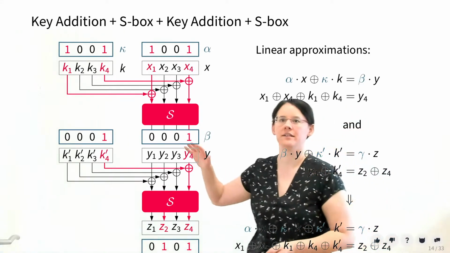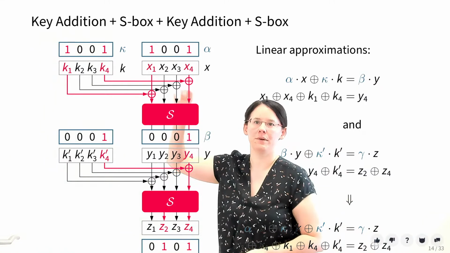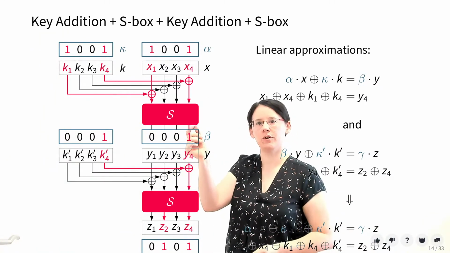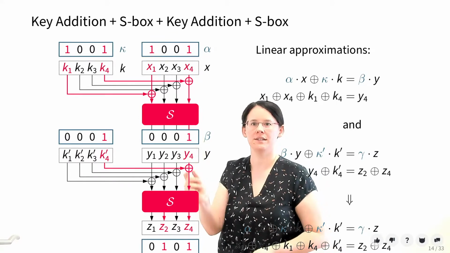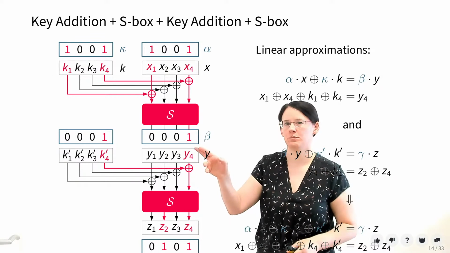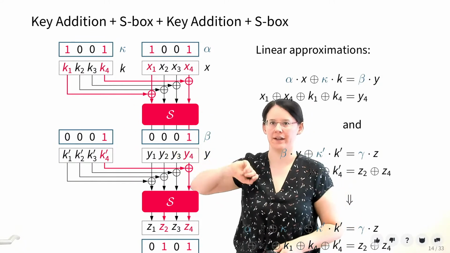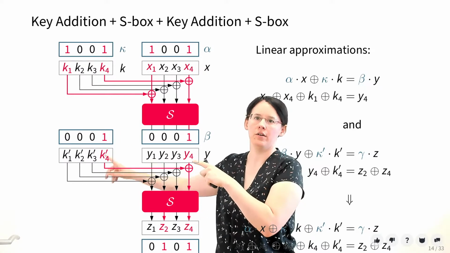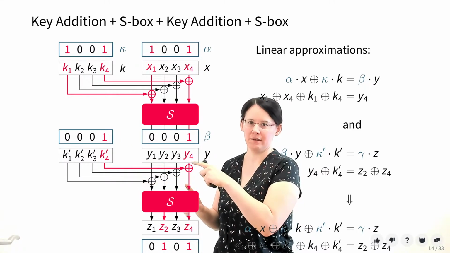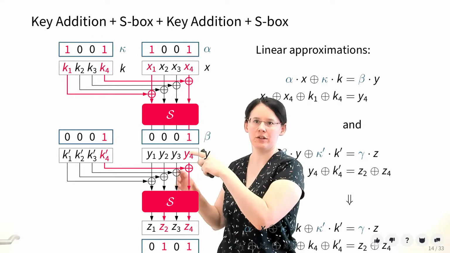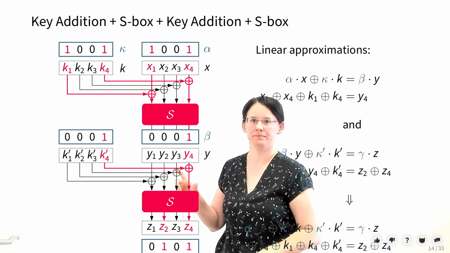So for example, if I start with the same approximation for the first Sbox that I already have, and I want to go forward and trace what happens to this bit in the cipher. If I want to express this bit here in my one equation I have, then I can also represent it as the XOR of the key and that next intermediate variable, which means I can replace this in my equation with the XOR of these two.